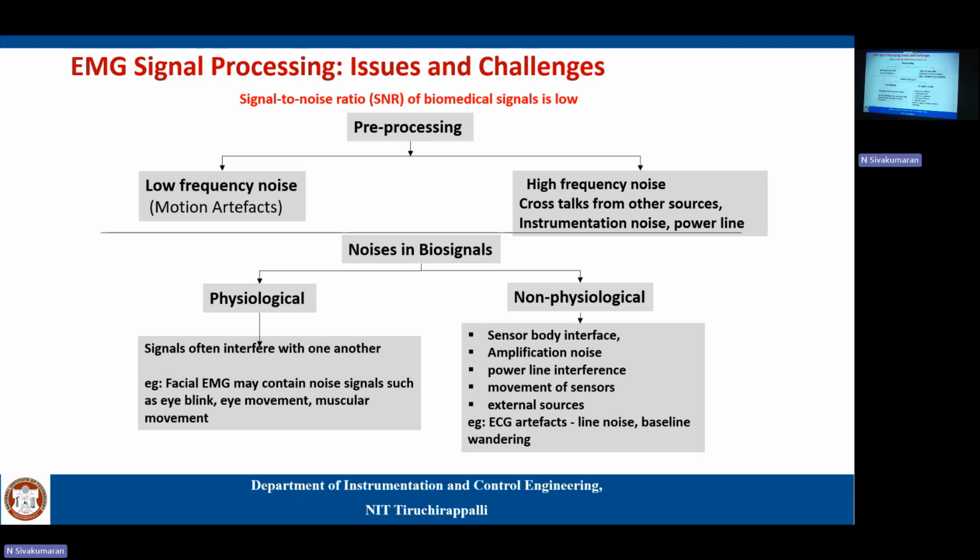Have you heard about independent component analysis, ICA? ICA is an approach we use to localize the source. For example, I consider muscle as one source, the heart as another source, and similarly the brain is my important source.